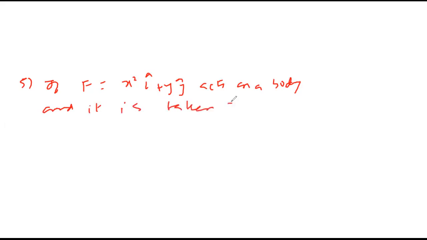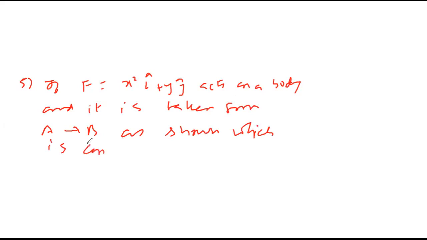If F is x square i plus yj acts on a body and it is taken from A to B as shown, which is correct?